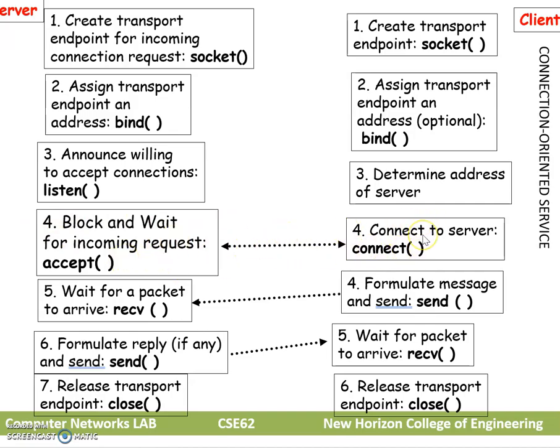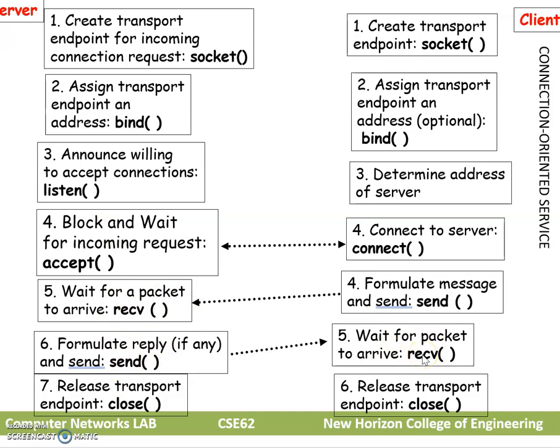Once the connection is established between the server and the client, both can send and receive data. The client sends the data and the receiver side receives it. If the server sends data, the receiver side receives the data.